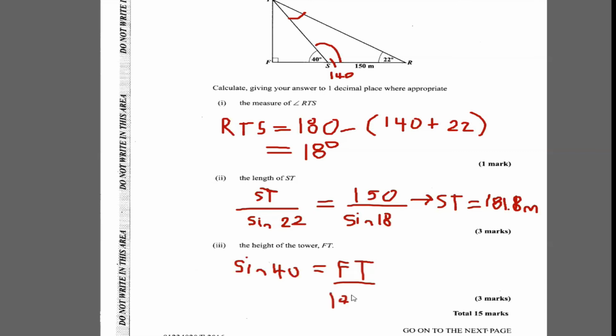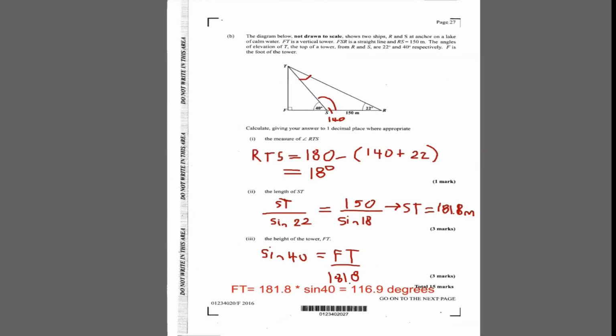We just need to transpose to find FT, so FT is 181.8 multiplied by sine 40. That gives FT as 116.9. Nice and easy.